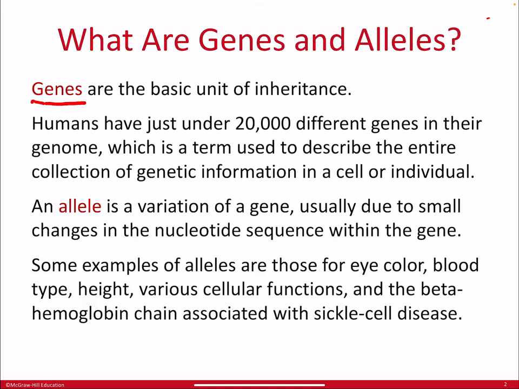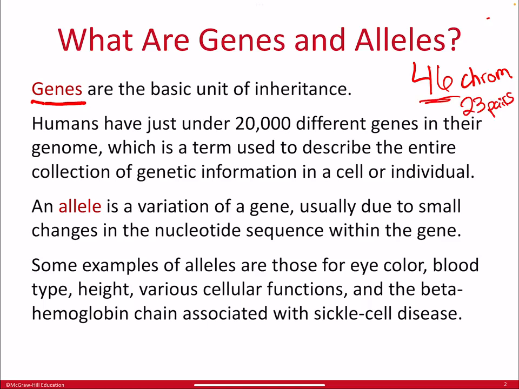We have just under 20,000 different genes in our genome. The genome is what we call all of our genetic information. Recall that we have 46 total chromosomes, and of those 46 chromosomes, we have 23 pairs of chromosomes.